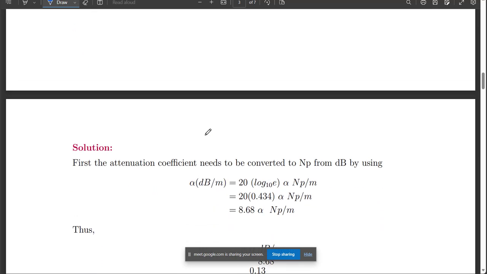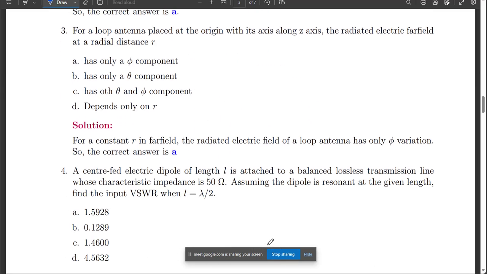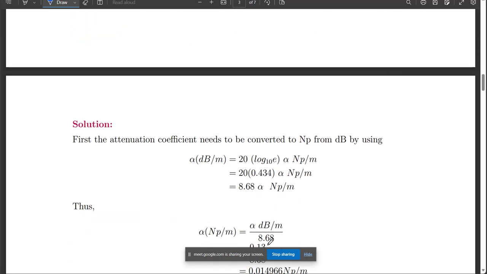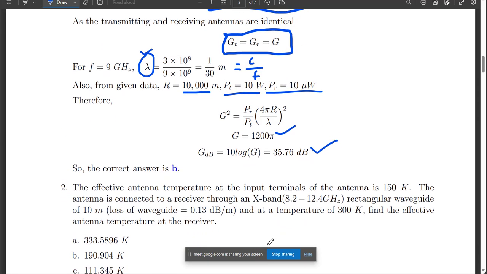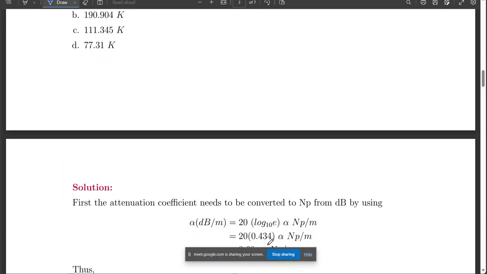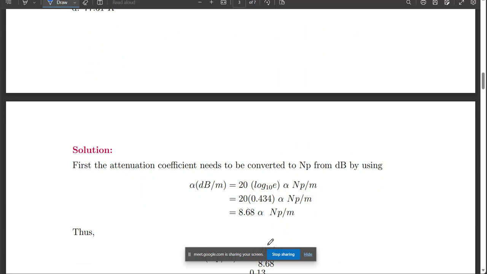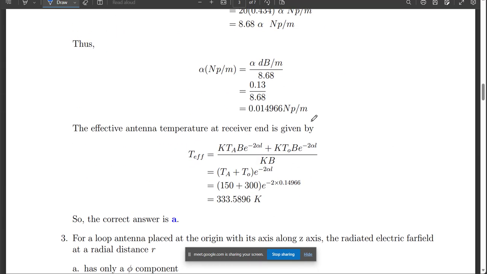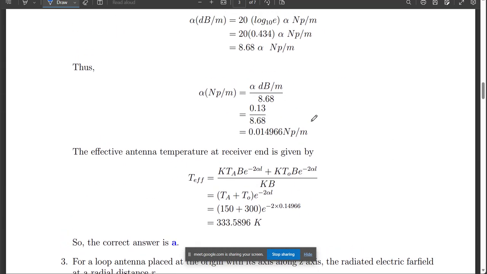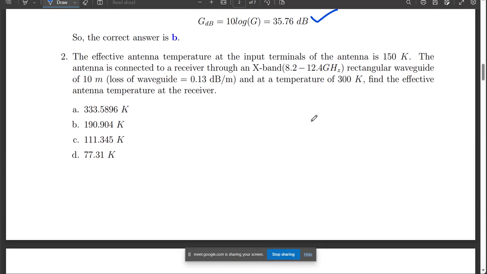So first, this is loss of waveguide. Loss of waveguide means what? Attenuation constant. Attenuation constant is in dB per meter.